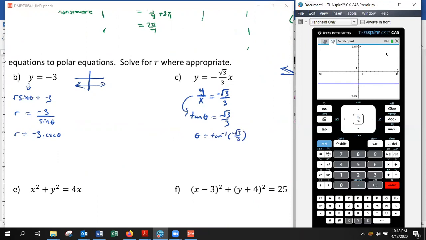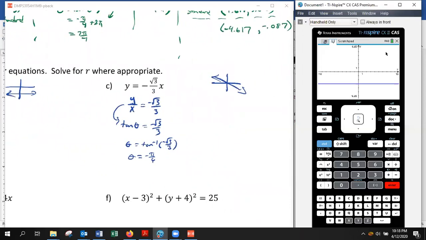If you notice, there's no radius here. This is just an equation based off of theta. What is inverse tangent of -square root of 3 over 3? That theta ends up being -π/6. And how does that relate to the graph? This is now an equation based purely on my angle, so the radius can be anything.